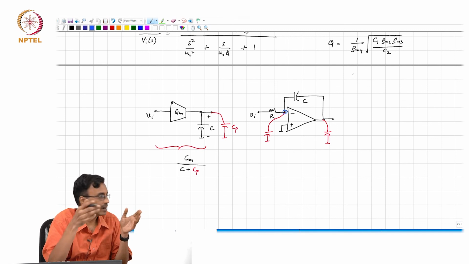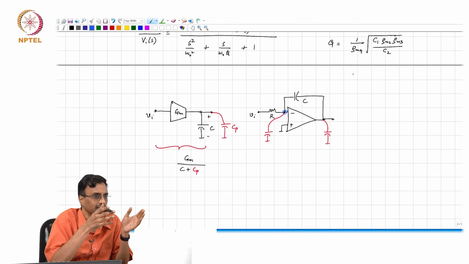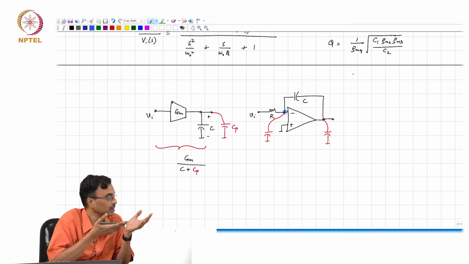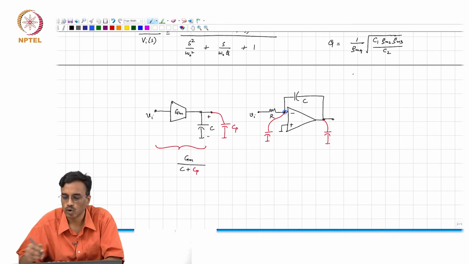We wanted, remember, that 2 omega naught times q of the filter that you are trying to realize divided by the unity gain bandwidth of the op amp must be a number which is much smaller than 1.